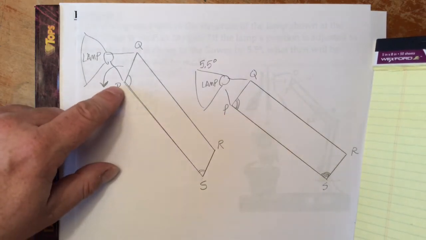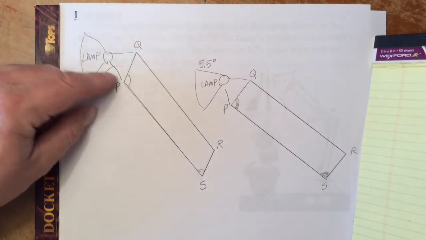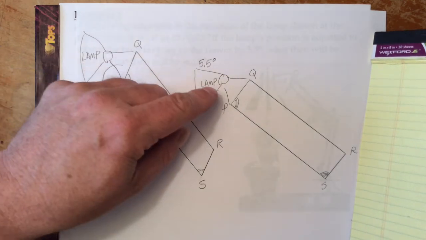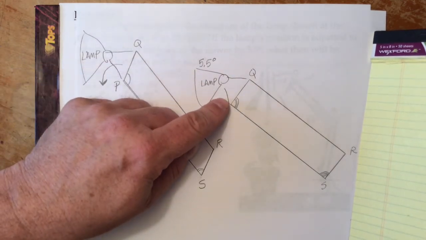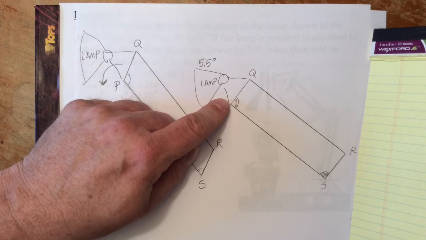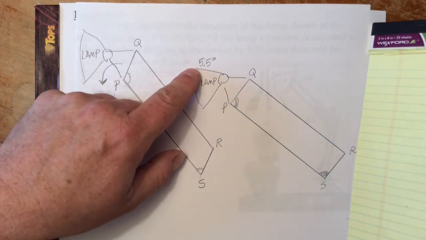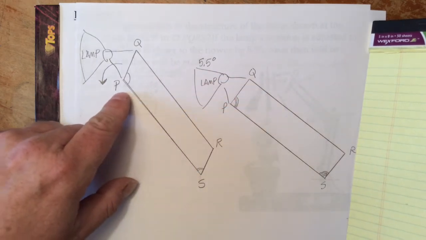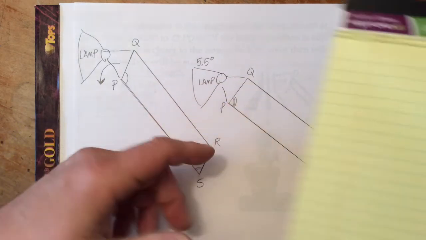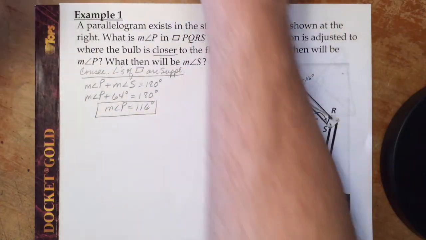Notice that angle P, as you pull this down, this angle right here, is getting smaller or larger? It's getting smaller. And according to this problem, it's been pushed down enough for 5.5 degrees. So we take the measure of angle P and we subtract 5.5 degrees.